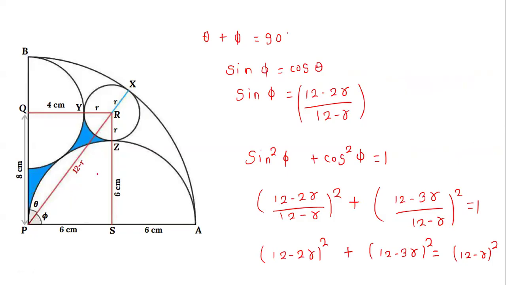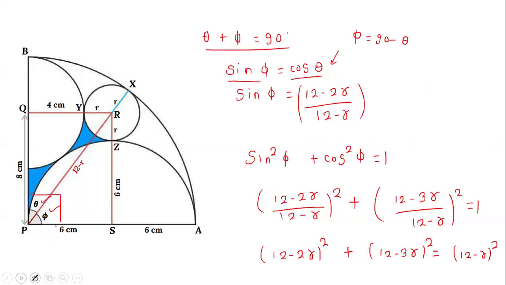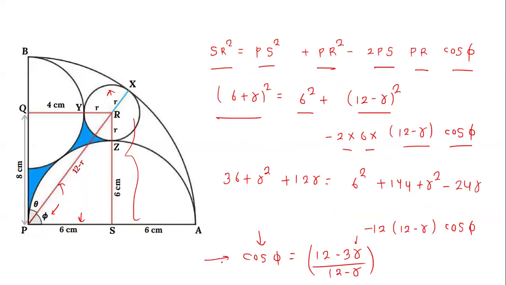Now you also know that this whole angle is 90, so this theta plus phi is equal to 90. So if you subtract theta from both sides, it will become like this. And if you take sine on both sides, this is sine phi and sine 90 minus theta is cos theta. And cos theta we evaluated as this 12 minus 2r divided by 12 minus r. And we also know cos phi value from this calculation as 12 minus 3r divided by 12 minus r.